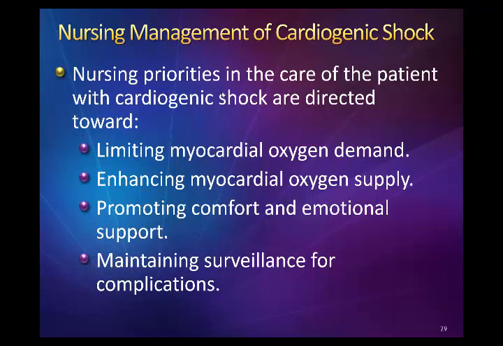We want to enhance myocardial oxygen supply, so giving them oxygen. We may need to give that to them through a nasal cannula, a mask, or we may need to put them on a ventilator and give it to them that way with some PEEP. We may need to also think about other ways to get oxygen to the myocardium.